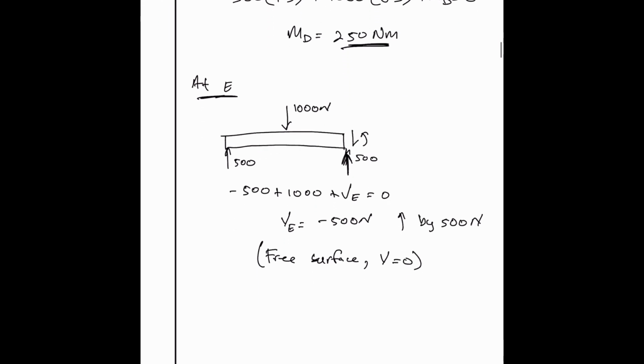For bending moment, again, it is a free end, a pivot end, so the bending moment is 0. But if you want to show this as a check, this distance here would be 0.5 by, this is 2 meters, and this distance here would be 1 meter.